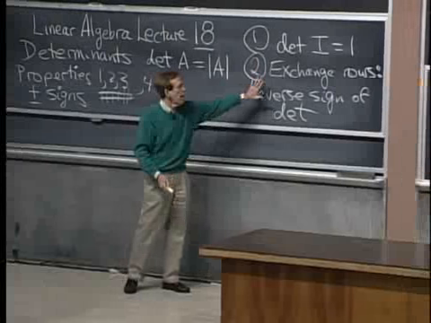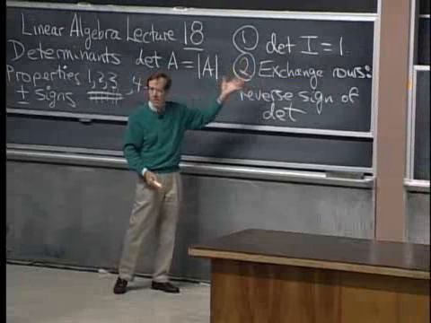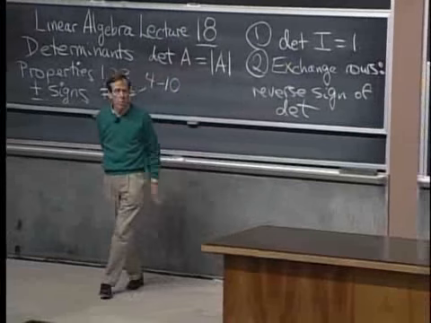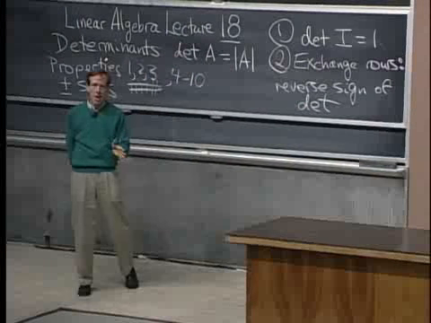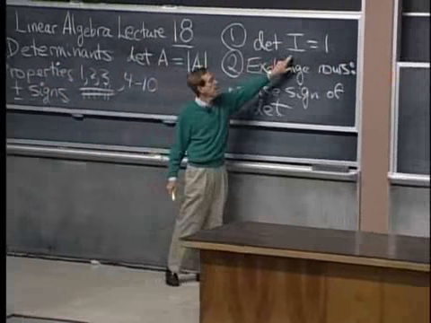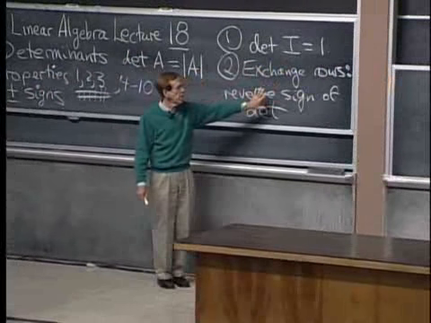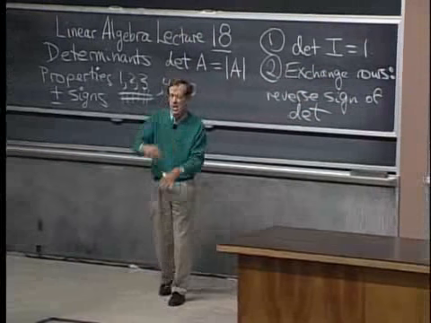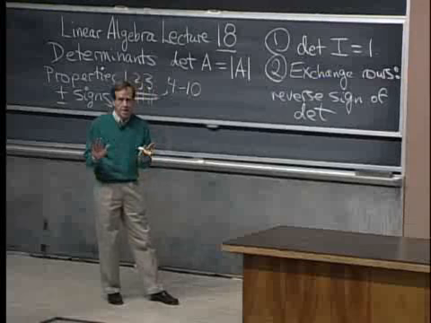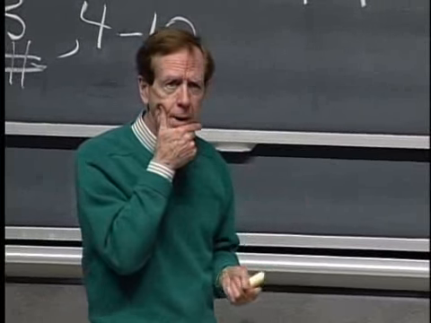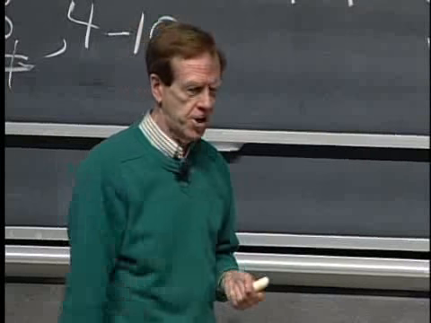And so now, what matrices do we now know the determinant of? From 1 and 2, I certainly know the determinant of the identity matrix, and now I know the determinant of every other matrix that comes from row exchanges from the identity. So what matrices have I got at this point? The permutations, right.